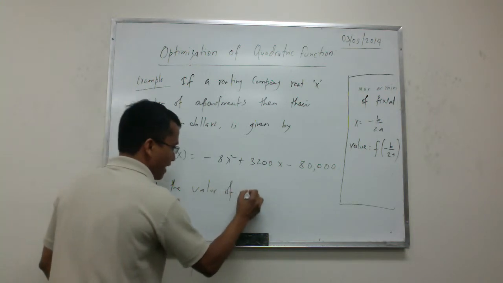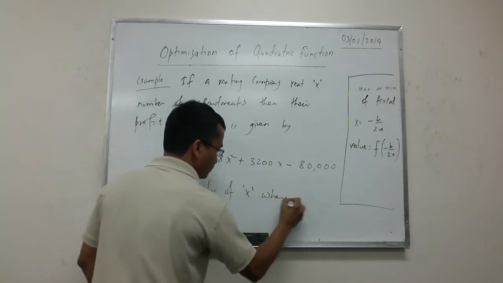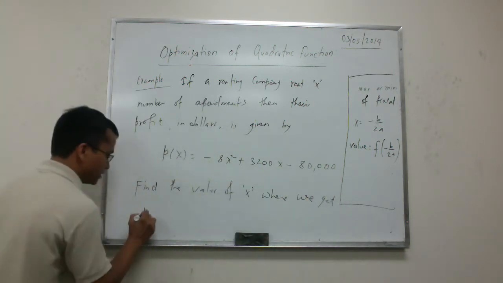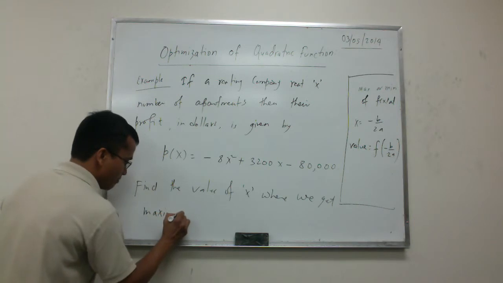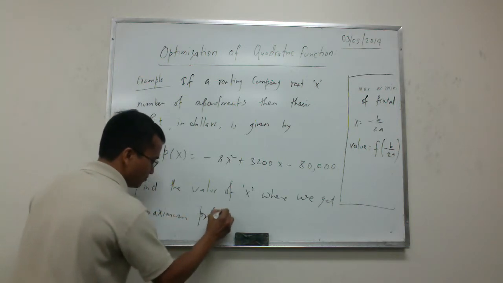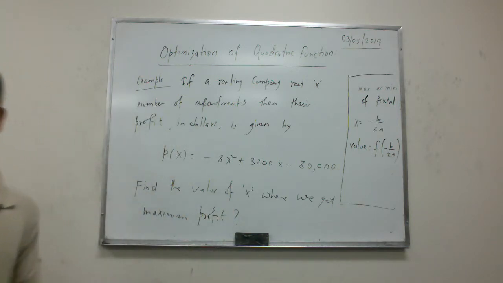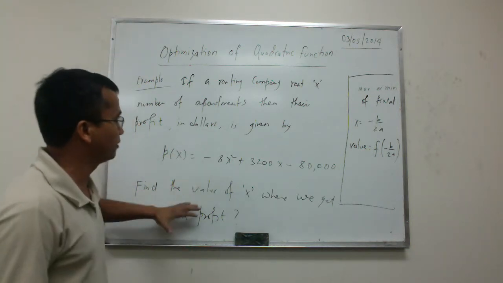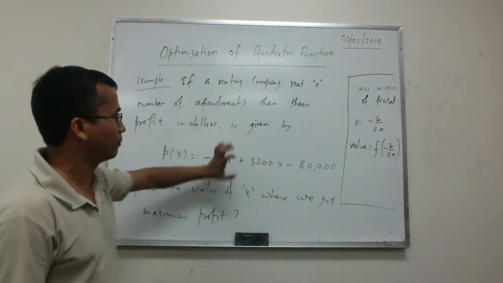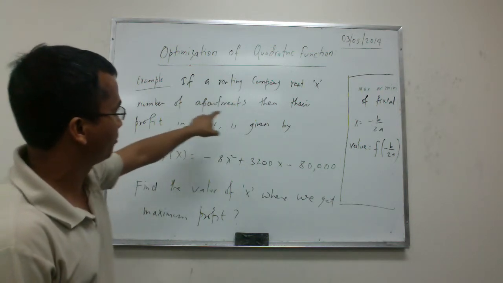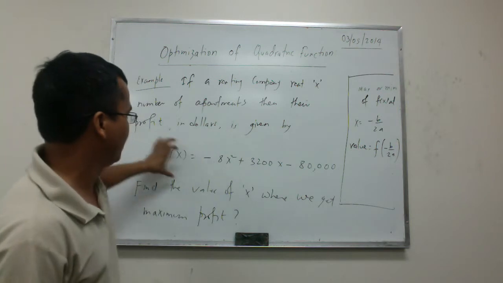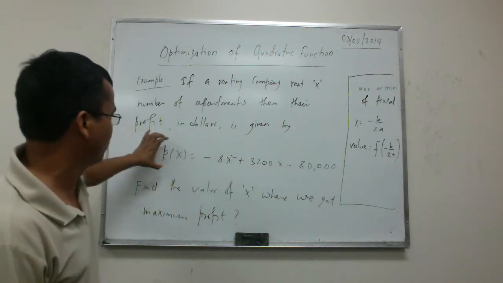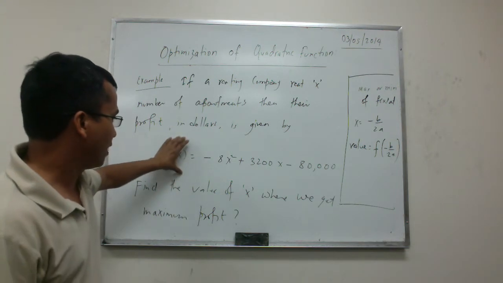Then the question is: find the value of x where we get maximum profit. So in this example, we have one renting company, and if that company rents x number of apartments, then this p of x, which is the quadratic function, gives the profit of that company in dollars.